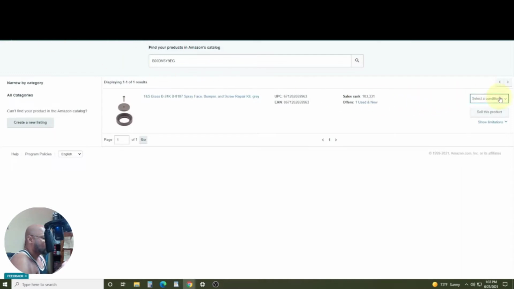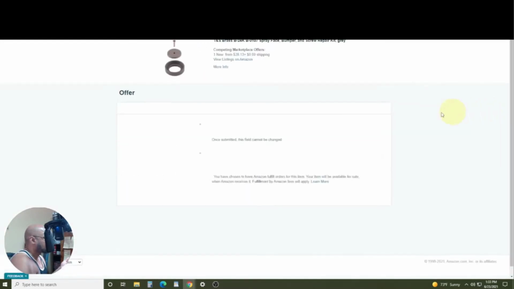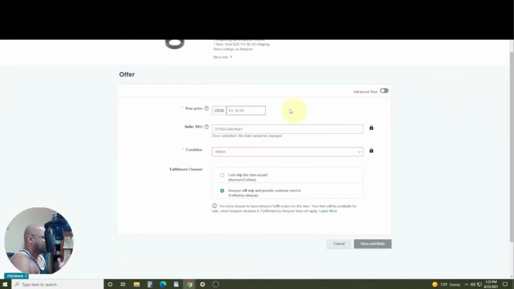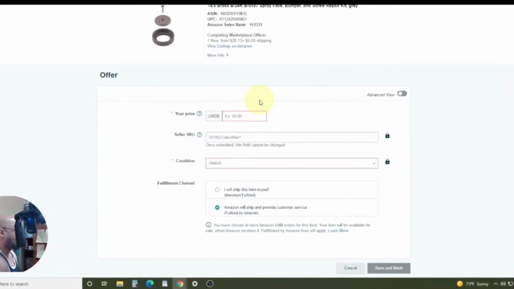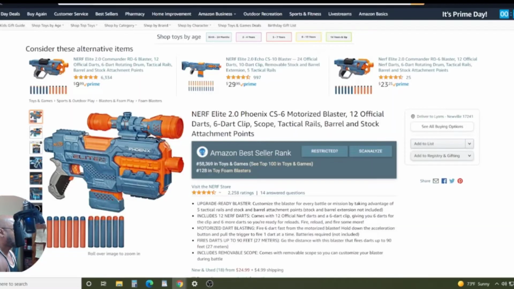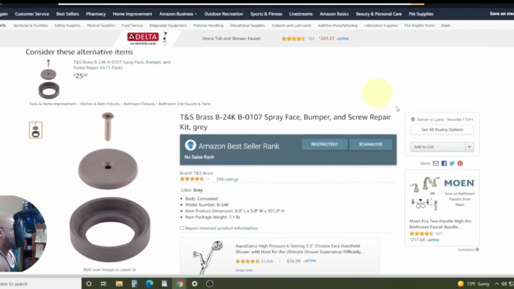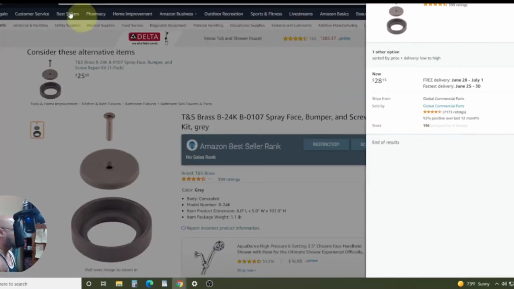So in Seller Central, you're going to select new. You're going to say sell the product. And that's what it looks like. This is the information that you're going to put in. So what price are we going to put? Okay, that's the wrong one. Right now, this is selling for $28.13.